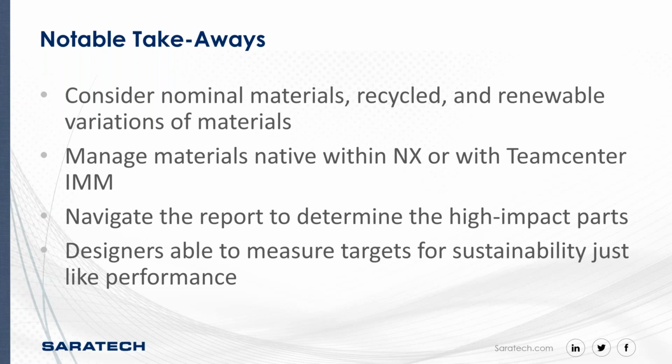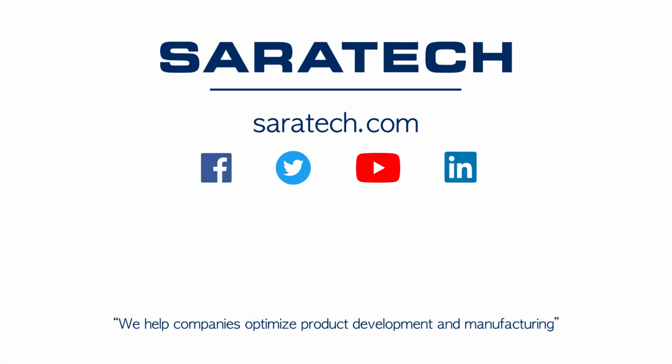You really just have a revision or a release status for the part and potentially a change order when you go in where you have a set target where those numbers can be measured against the specific items. So hopefully you also know how to understand and navigate the reports that are being created when you're assigning these materials at the product level, and also be able to look at these full assemblies and pick out the high impact parts quickly.